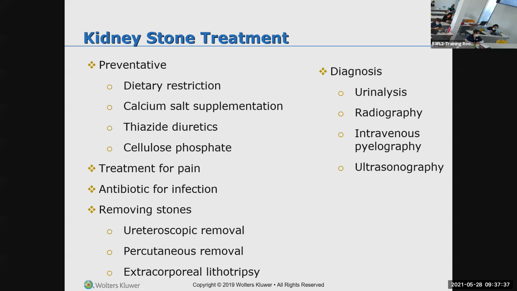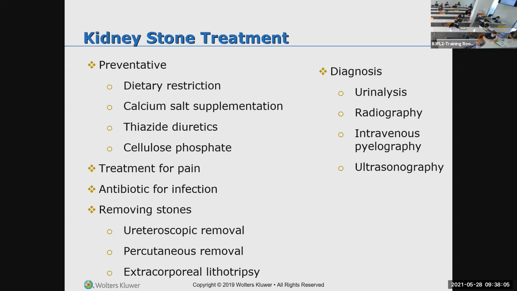The patient needs to be advised, can you cut down your chocolate? I can't live without chocolate. No, you need to cut down your chocolate. You need to cut down your cocoa. You need to cut down spinach. Those are the restrictions given. If you prevent those, you'll be in good shape. Is it clear? In the meantime, if the stone is small, we will try without surgery.